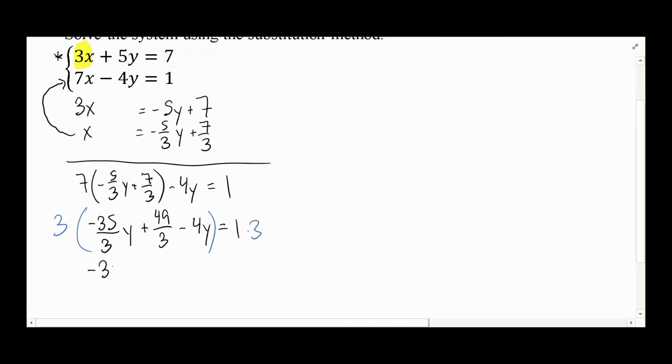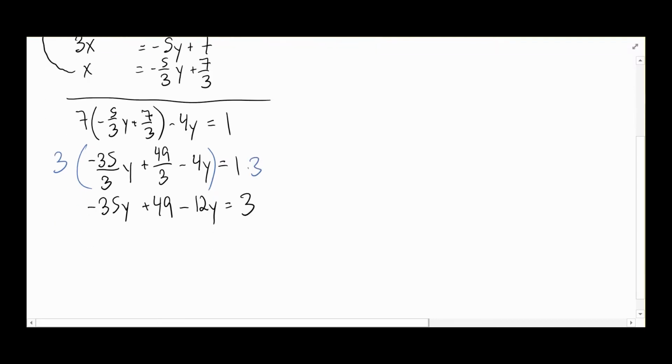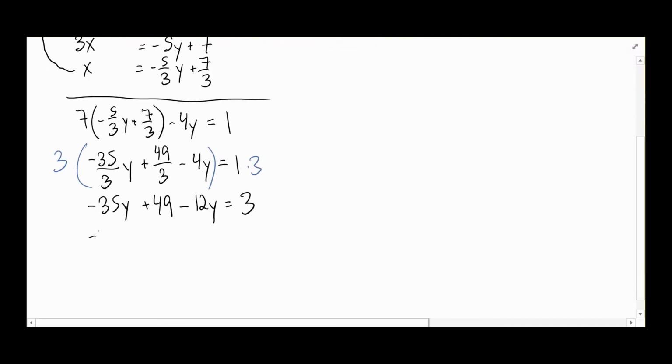That's going to get us negative 35y plus 49 minus 12y equals 3. We combine like terms to get negative 47y plus 49 equals 3. Negative 47y. Now let's subtract this over. Got negative 46.